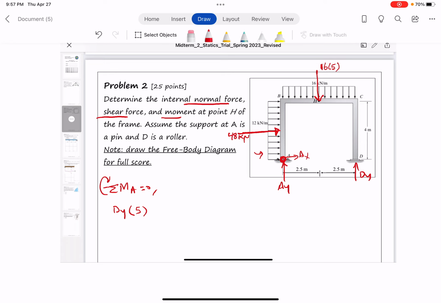I'm going to leave it as multiplication, because this is 12 times 4.